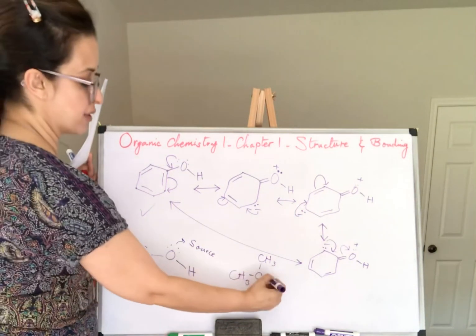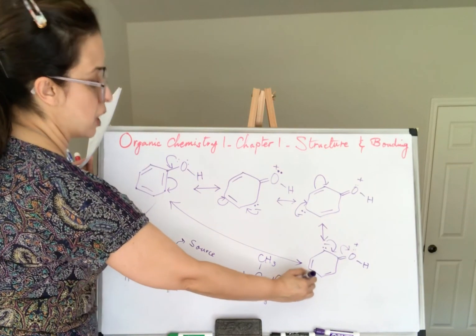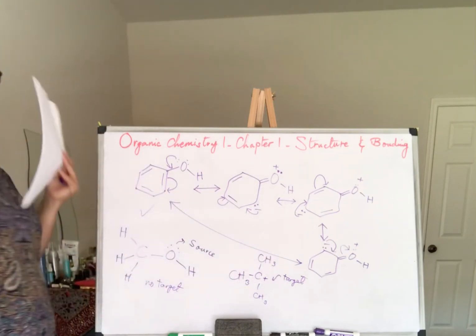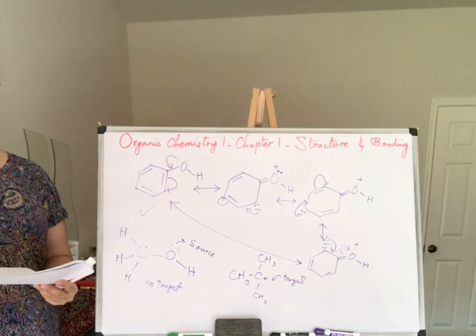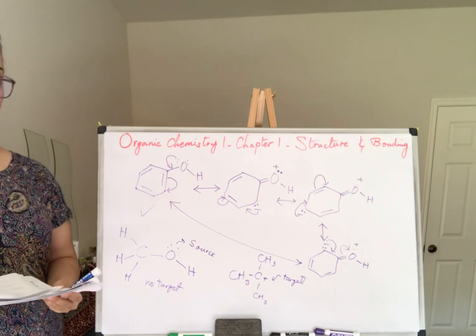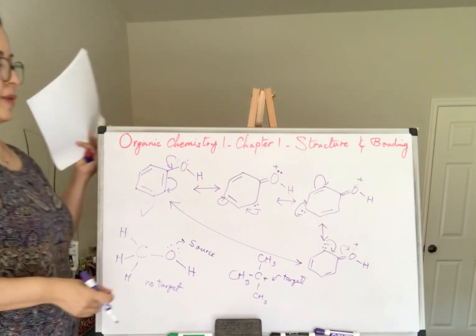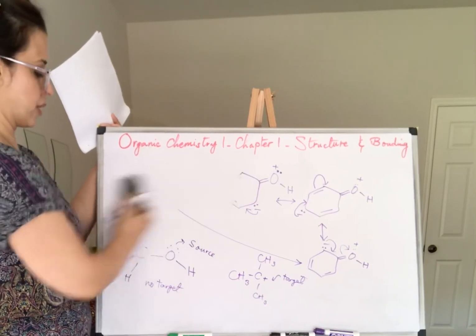Seems like we have a target, we have a positive charge, but where is the source? Where do the electrons come from? So there is no source and there is no resonance structure. So the conclusion is that in order to have the resonance structure, we definitely must have both source and target.